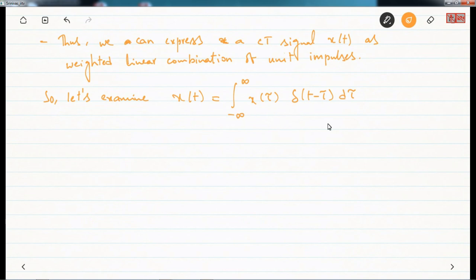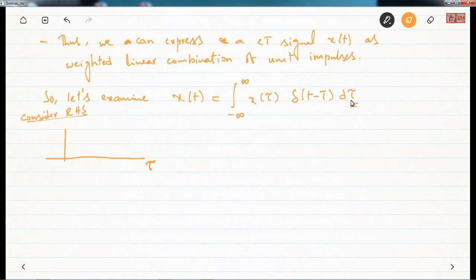So let's see this. Here, the variable is tau, right? I'm just trying to interpret this equation. Consider the right hand side.